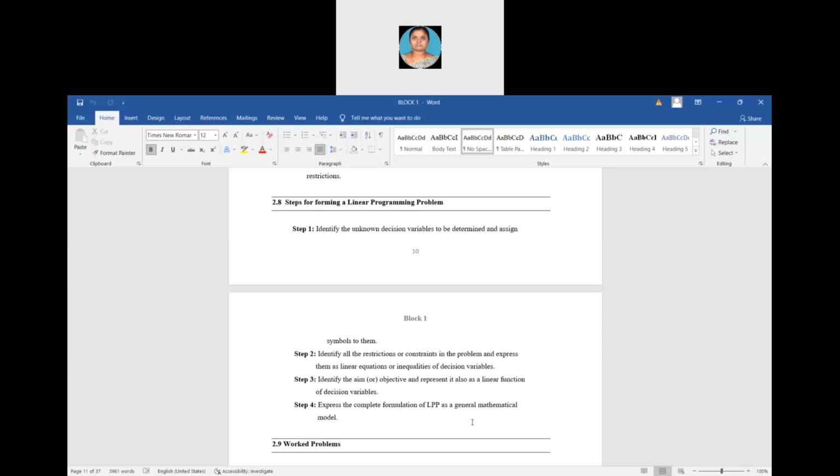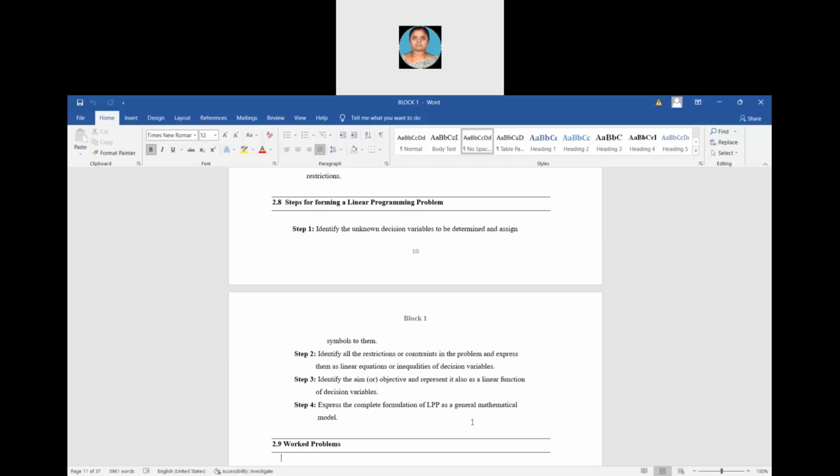If you find the value for the decision variable, that will give the solution directly. Then identify all the restrictions or conditions in the problem and express them as linear equations. So all the conditions must be expressed in terms of equations or inequalities. Equation means the equal to symbol. Inequality means greater than or equal to, less than or equal to.